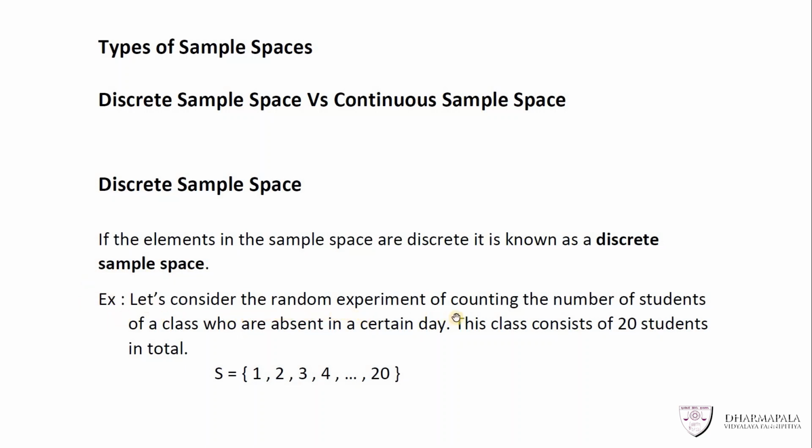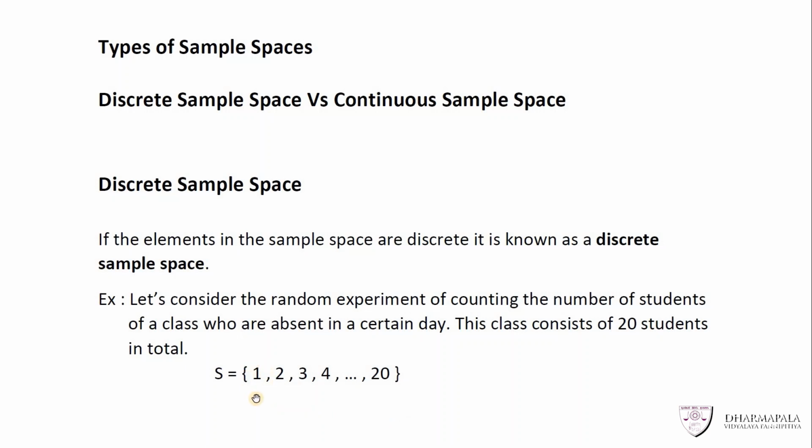Let's consider the random experiment of counting the number of students of a class who are absent on a certain day. This class consists of 20 students in total. So here we are going to count the number of students who are absent on a certain day. So you can see we have 20 outcomes as the sample space.